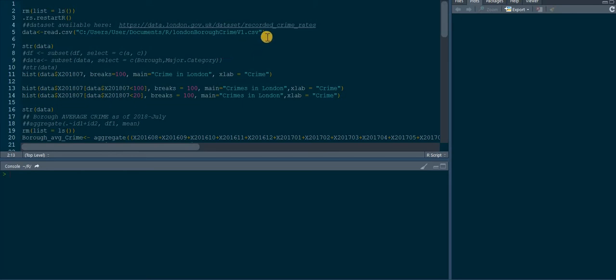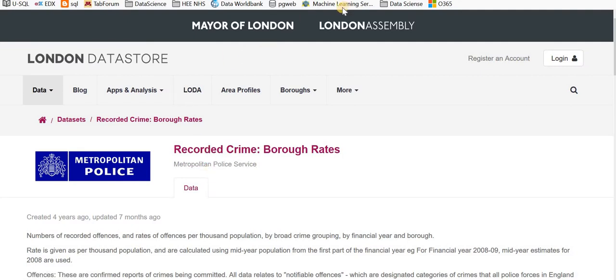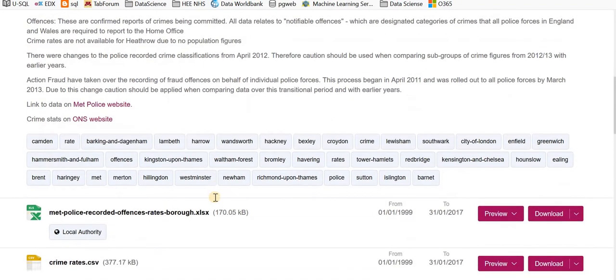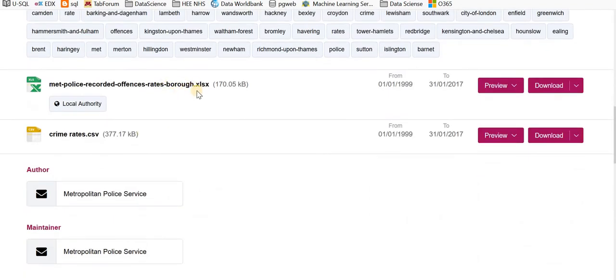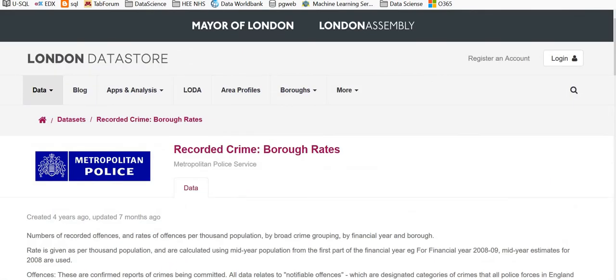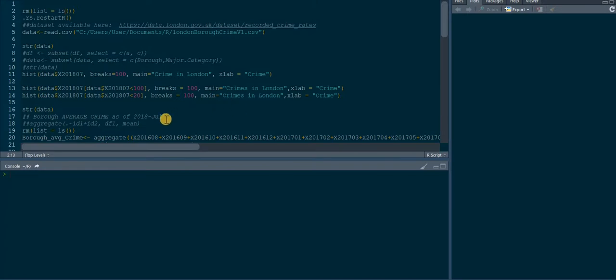So today I'm going to look at the dataset on London Crime, which you can download from data.london.gov.uk. I think this is the dataset which has data covering August 2016 till July 2018.